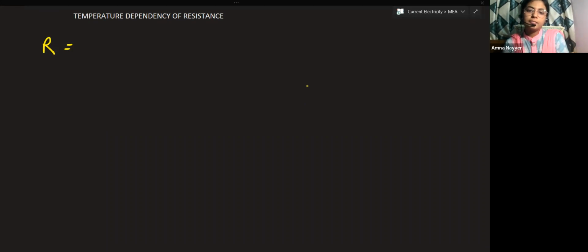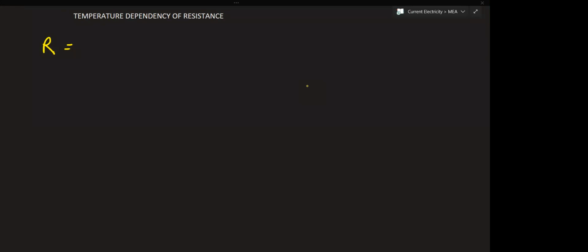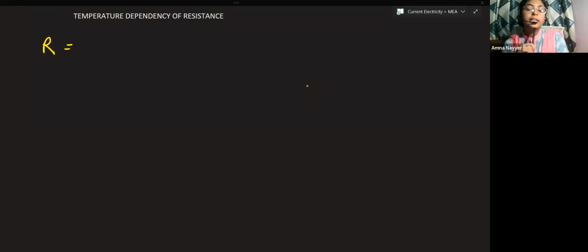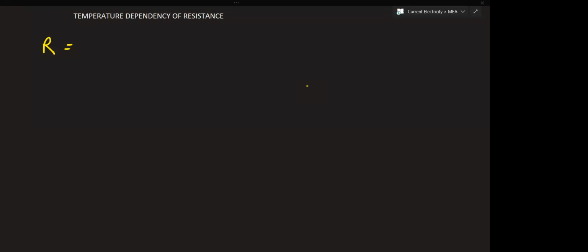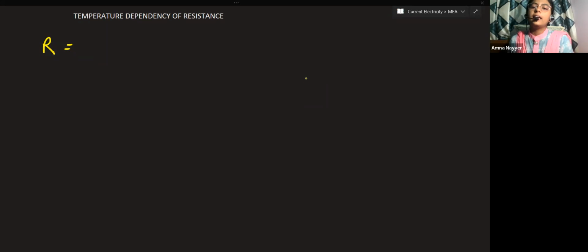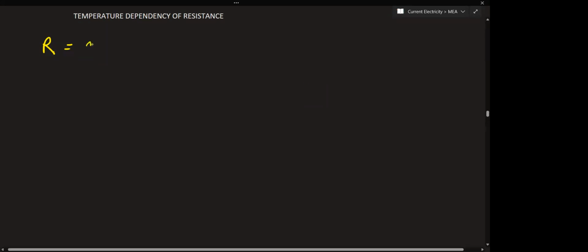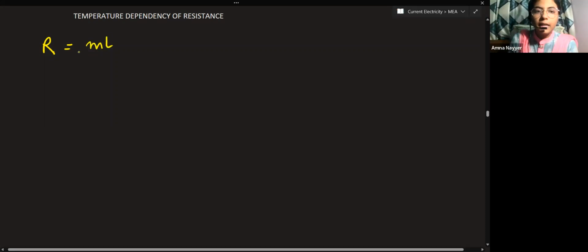Yes, Khalid? Look into the notes if you're not able to remember. Rho is equal to m by ne square tau. Oh, ML, that's resistivity. Sorry. That's rho L by A. Rho L by A, that is correct. ML divided by ne square A tau, which you were saying initially. This I was asking.